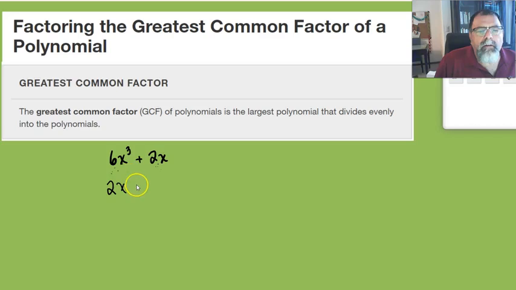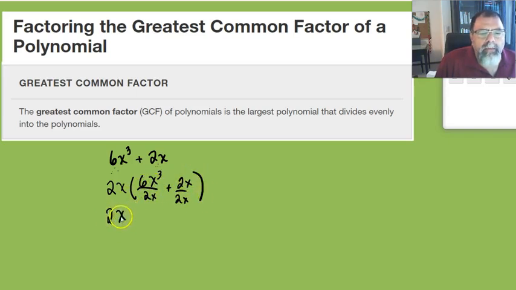And you can see if I were to divide that out, here's the way I like to show it. When I divide this out, 6x cubed over 2x and 2x over 2x, you can see there's not going to be any fractions left here.